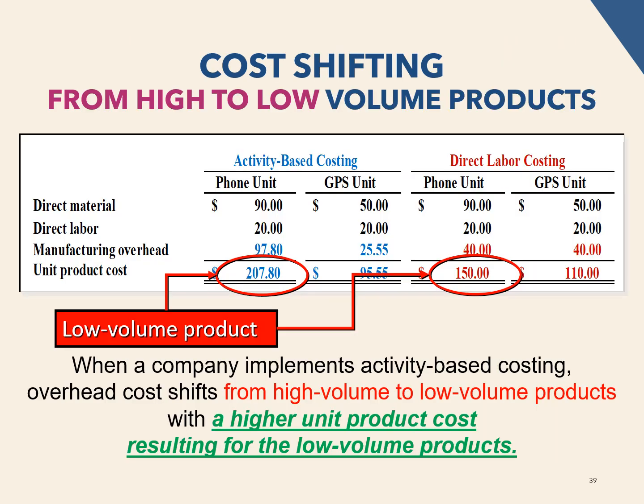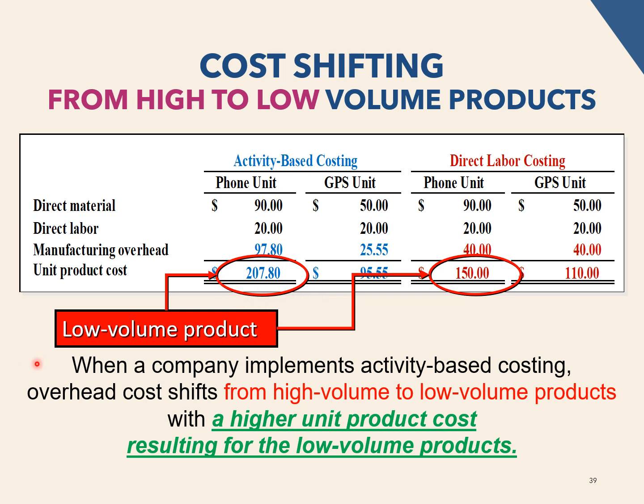Let's see the cost distortion of cost shifting from high to low volume products. For phone unit under direct labor costing, the unit product cost is 150, and under activity-based costing for phone unit, the unit cost will be 207.80.